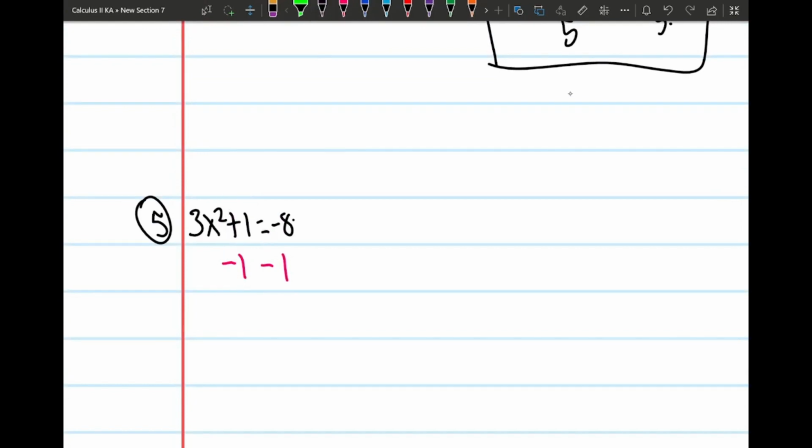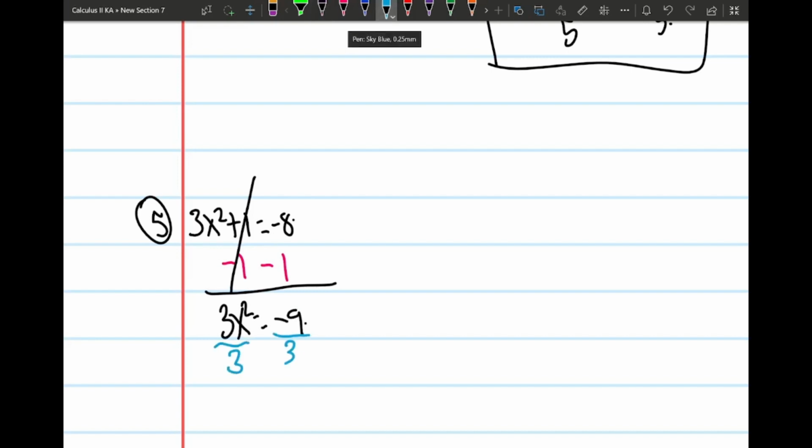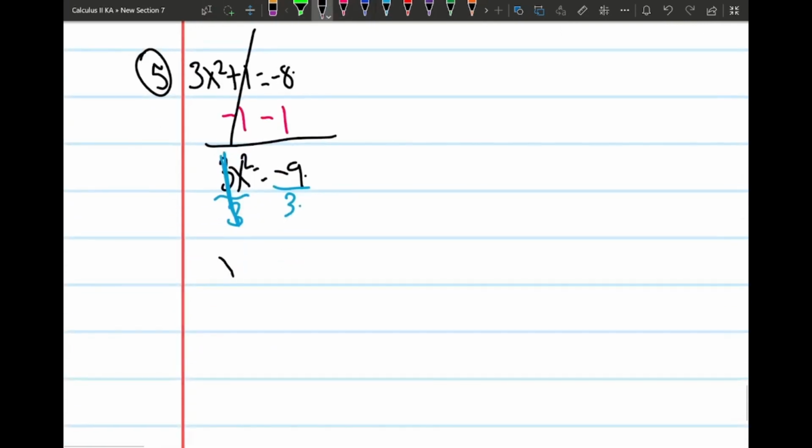This is only for square roots as well as completing the square, but not for factoring or anything like that. Here, we're just going to subtract 1 on both sides, and then we have 3x squared equals negative 9, and then we're going to divide by 3 on both sides to get rid of that whole number there. We have x squared equals negative 3.